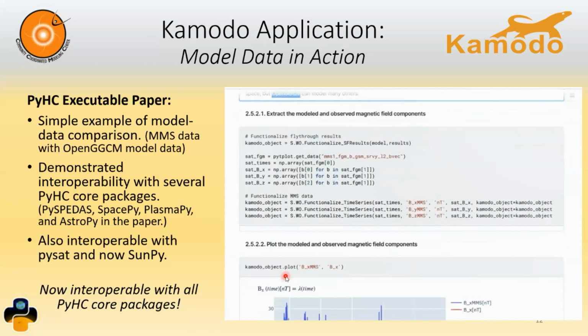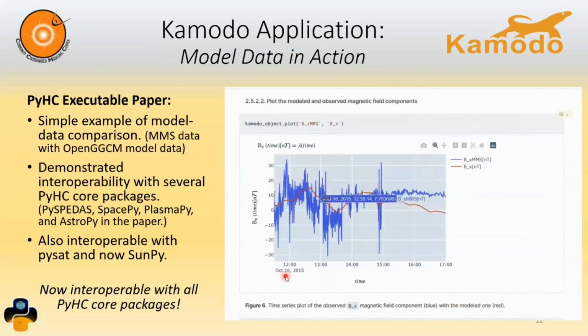So Komodo's portion in this is to take the satellite trajectory pulled from SpacePy and PySpeedS, take that data and fly the trajectory through the model data, in this case, open GGCM data, and then perform a simple model data comparison with this simple command just like I showed before. Also interactive, just as with the other plots that I showed.